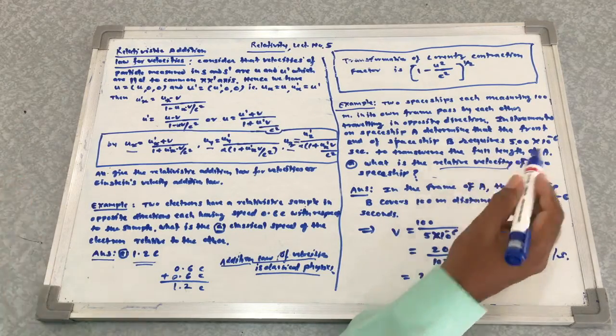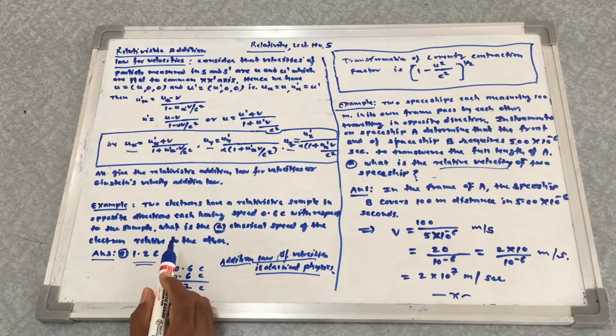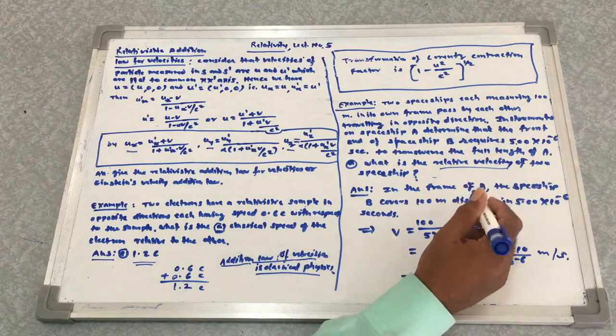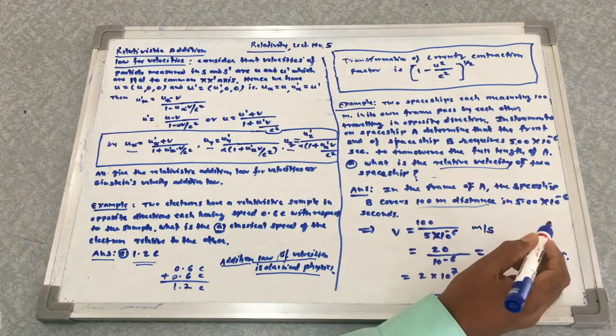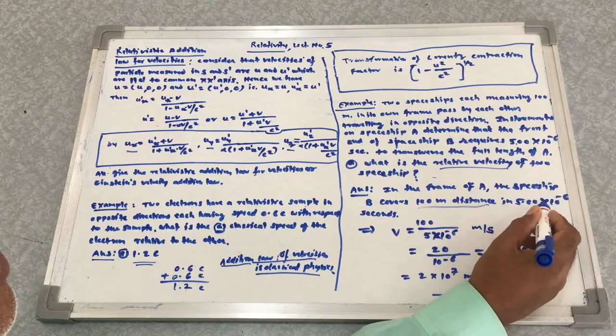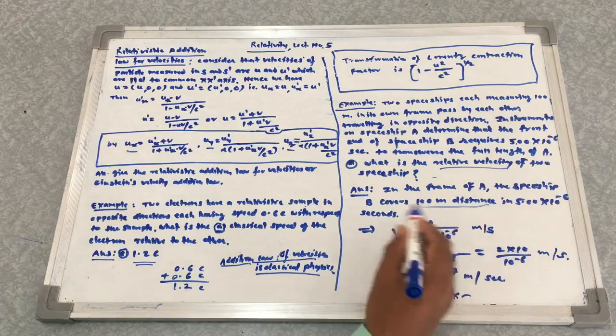So in the frame of A, spaceship B covers the 100-meter distance in 5.00 into 10 raised to minus 6 seconds.